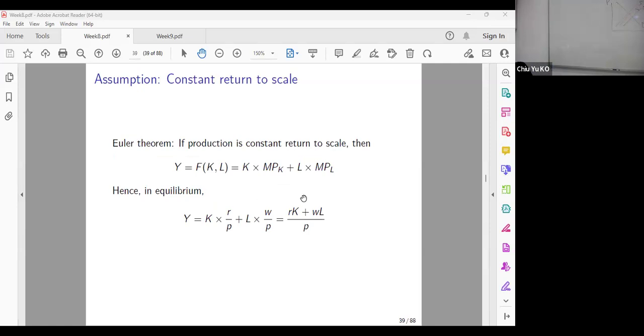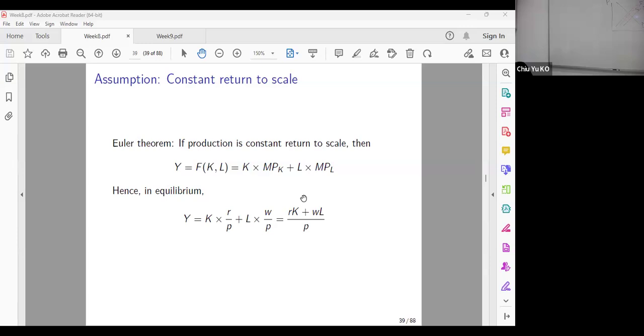What it says is, if you look at the output, because of constant returns to scale, you can always decompose it into two parts: how much capital you have times the marginal product of capital, that means if you increase one more capital, how much the output will increase, plus labor times the marginal product of labor. So that's Euler's theorem.